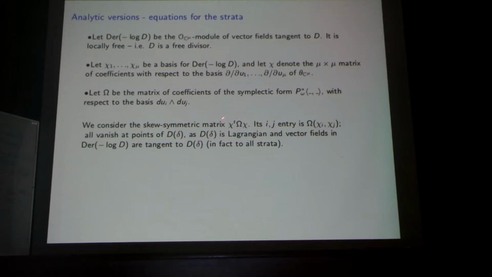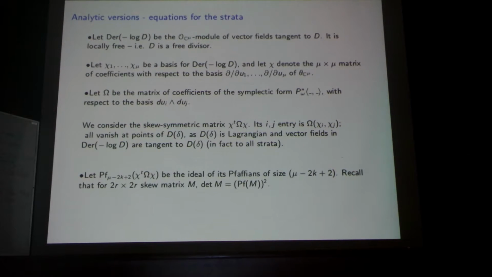And this was the original idea of our construction, that we get equations for the delta constant stratum simply by taking all the coefficients from this matrix. And that's actually correct. But slightly surprisingly, rather more is true.